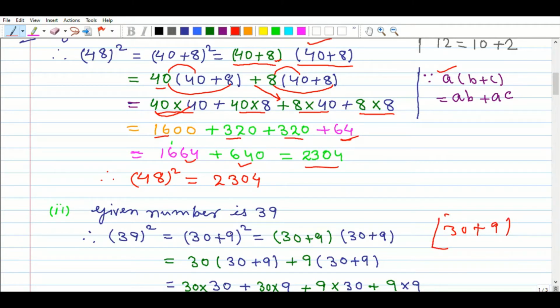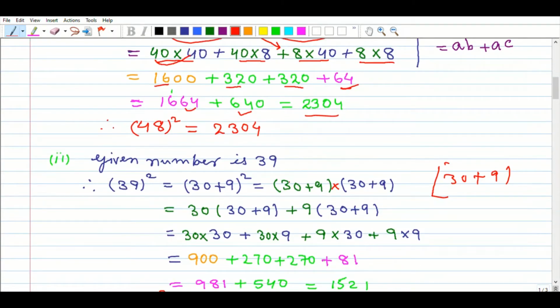And then write 2 times here. 30 plus 9 in bracket, 30 plus 9 in bracket. Between the brackets it is multiplication. Okay. Now first I have written here 30.